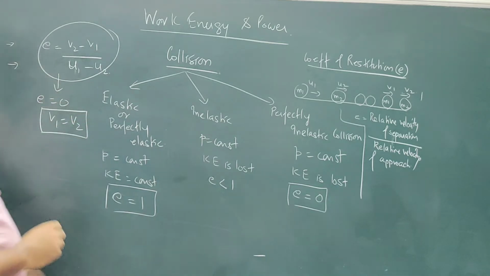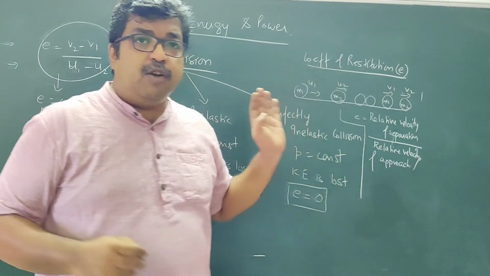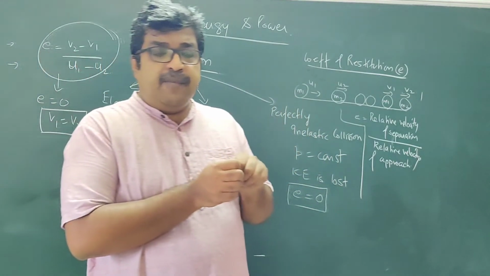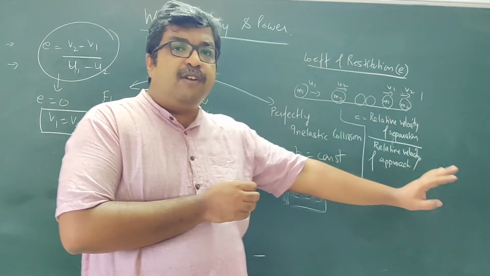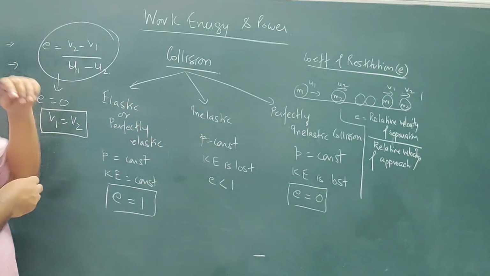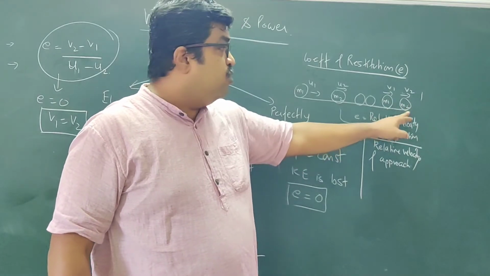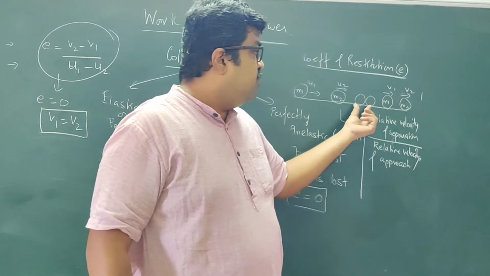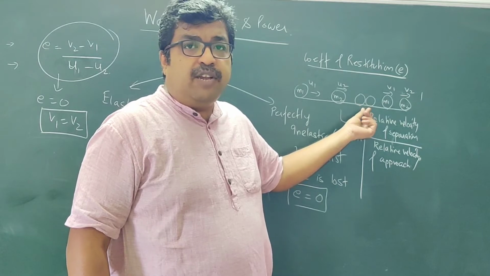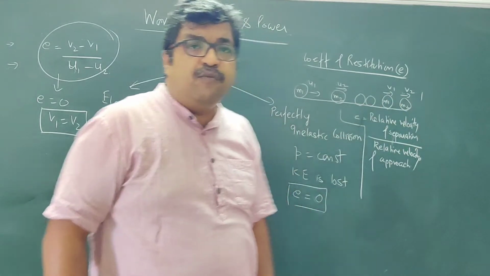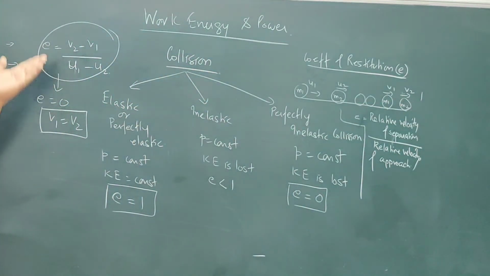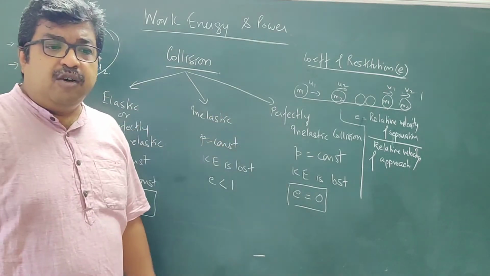So in perfectly inelastic collision, the colliding bodies will stick together, and after collision they will move with a common velocity. Because V1 and V2 are the velocities after collision, and if V1 is equal to V2, they are moving together. So during collision, the colliding bodies come in contact, and after collision they move with a common velocity. Okay, so that is for perfectly inelastic collision.